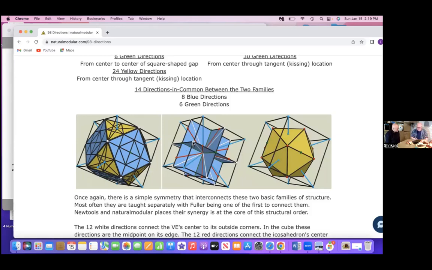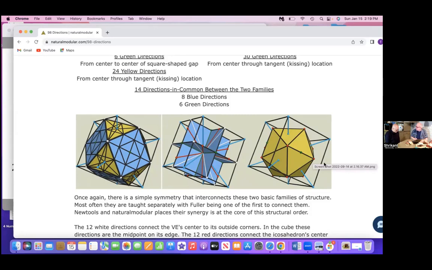And whatever the edge of the cube or the long axis of the square face of the VE, you multiply it times the golden ratio, and that gives you the distance here, which is the edge of the icosahedron.